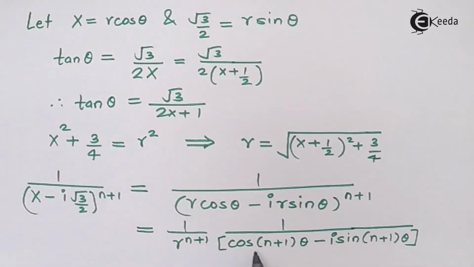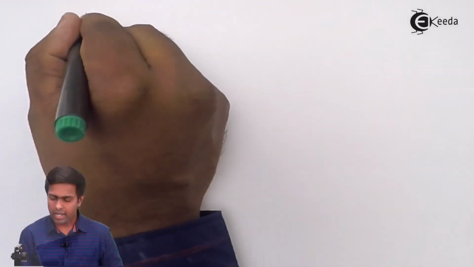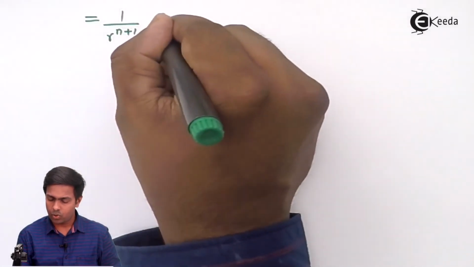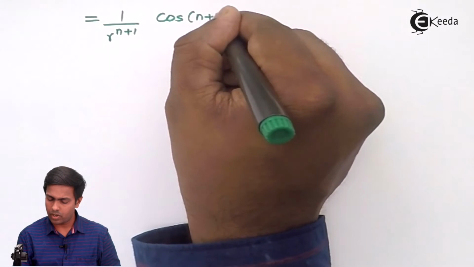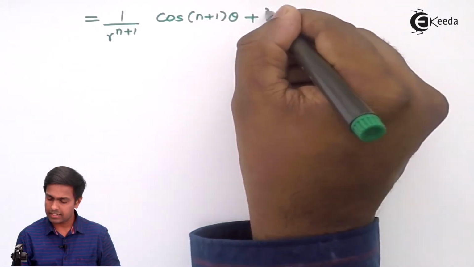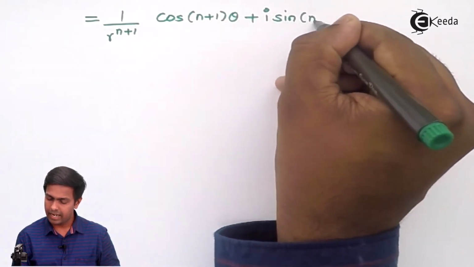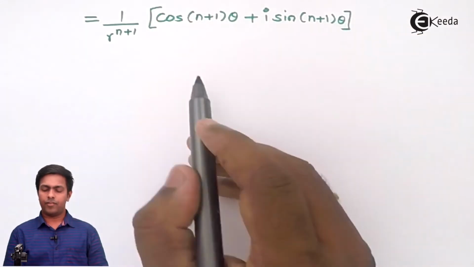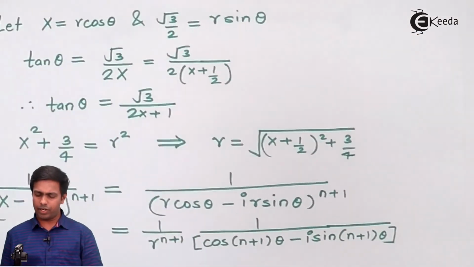So the complex conjugate of this term is cos of n plus 1 theta plus i sin n plus 1 theta. So we will get the value as 1 upon r raised to n plus 1 into cos of n plus 1 theta plus i sin n plus 1 theta. Next, with the same term I will multiply in the denominator.